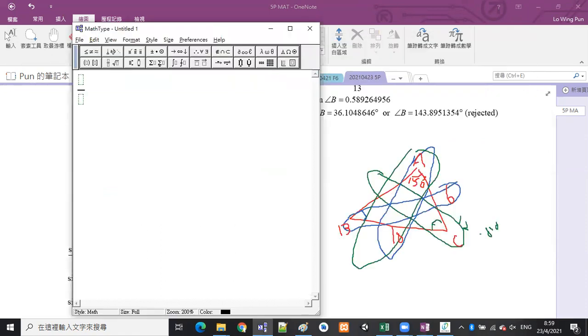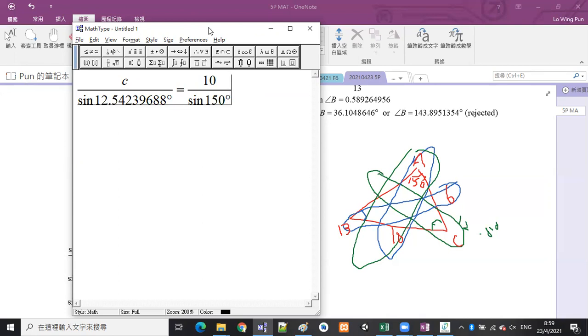So I am going to put length C on the top left corner, divided by sine angle C, that is 12.54239688 degrees, is equal to the other pair. Length A is 10. And then sine angle A is sine 150 degrees. Can you get this? Okay.